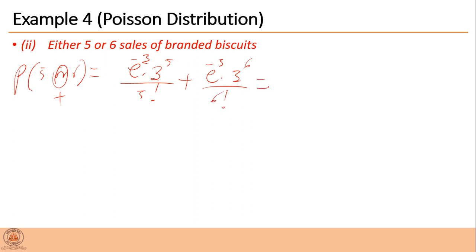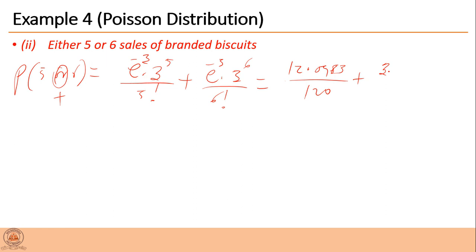So this will give us what is on top there, 12.0983 over 5 factorial, 5 times 4 times 3 times 2, which gives 120.